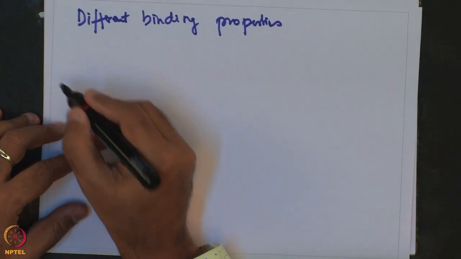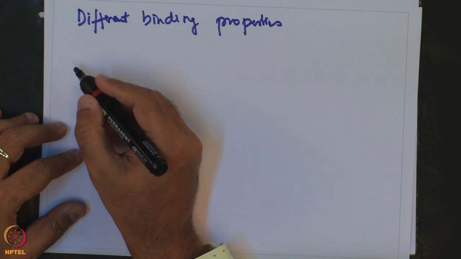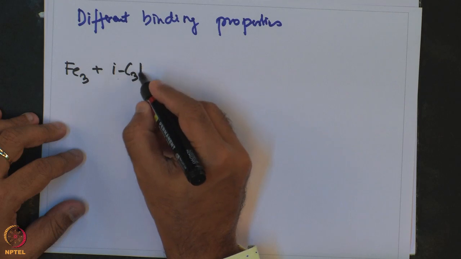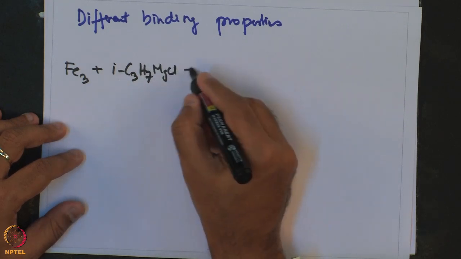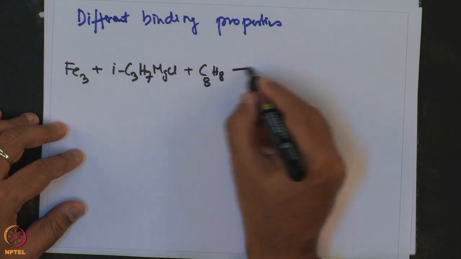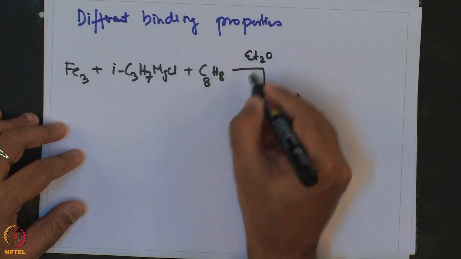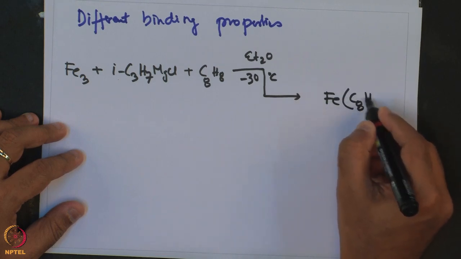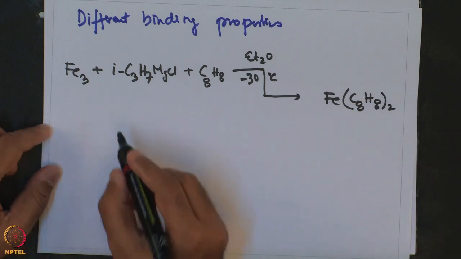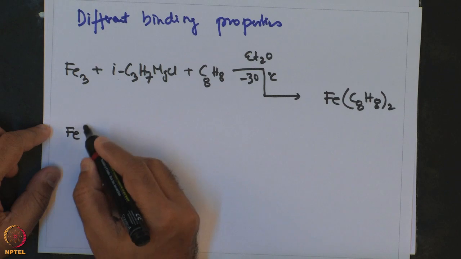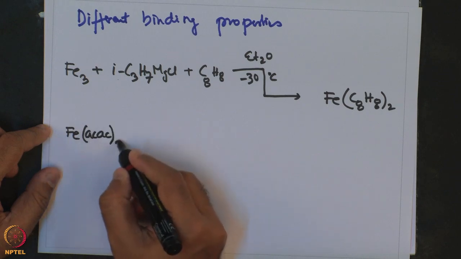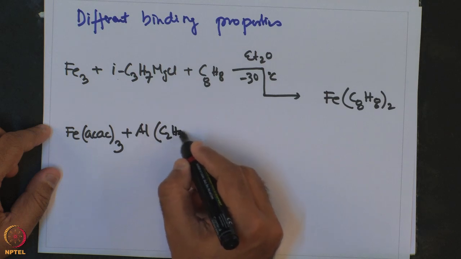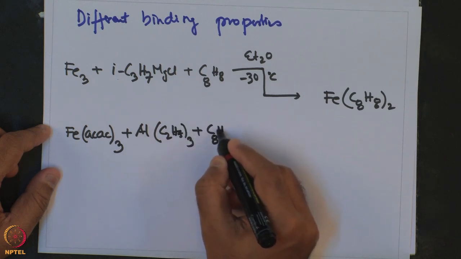For example, the bis C8H8 iron complex can be obtained from FeCl3 plus isopropyl MgCl plus C8H8 in ether at minus 30 degrees centigrade, which gives Fe(C8H8)2, whereas the same compound can also be prepared from a different precursor, iron acetylacetonate, Fe(acac)3, plus triethyl aluminum, Al(C2H5)3, plus C8H8.